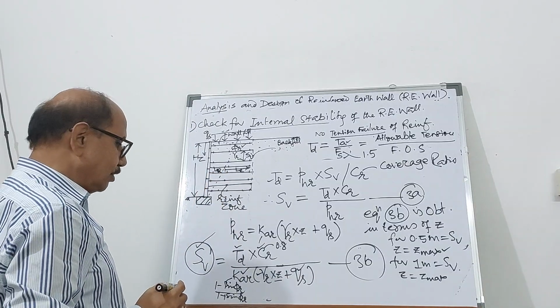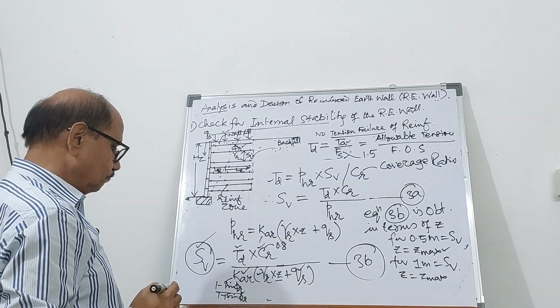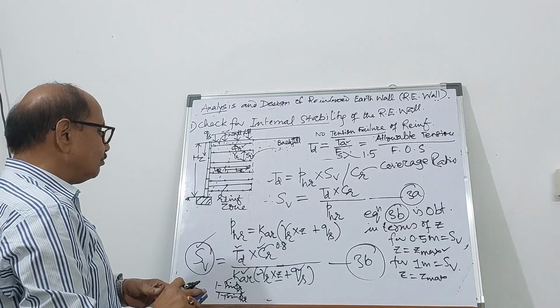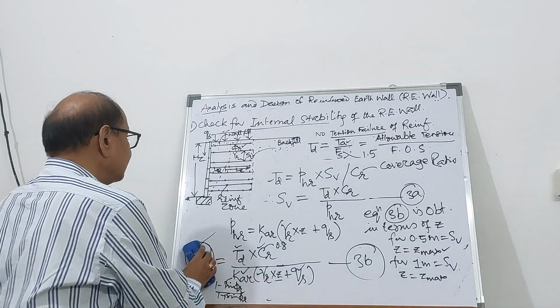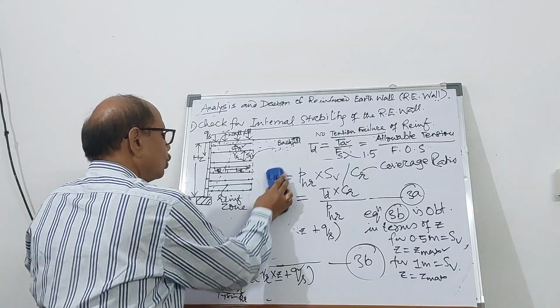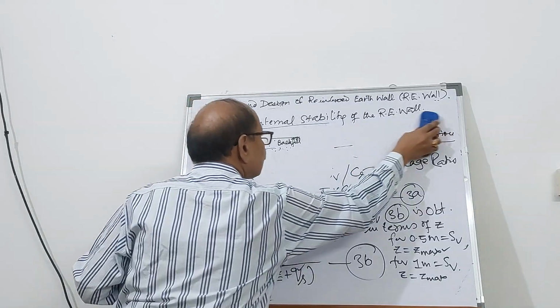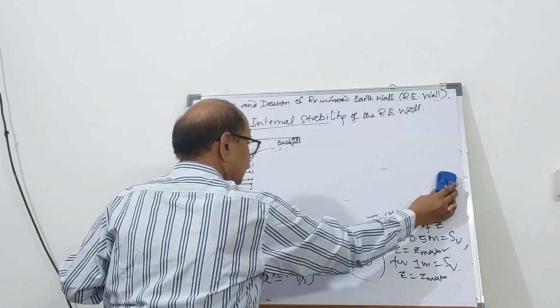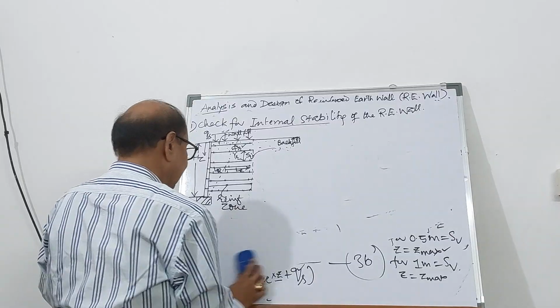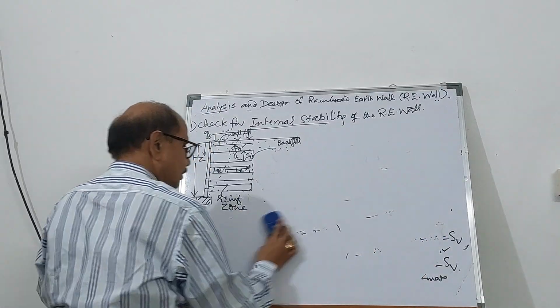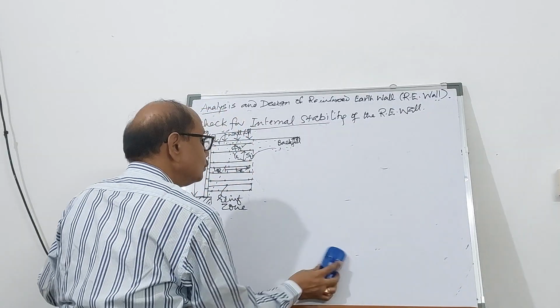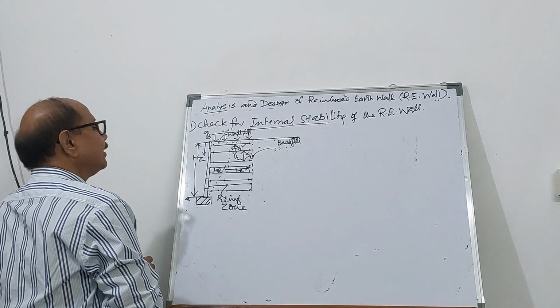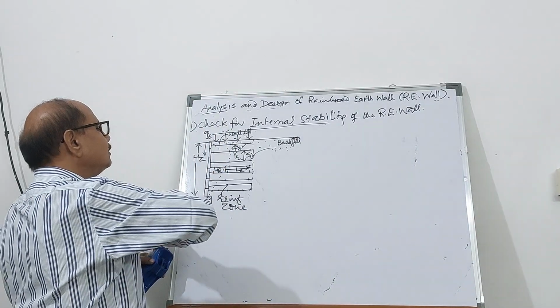So how will you find out LE? That will come from pull-out resistance. So to find out the length of the reinforcing layer, friends, I know that I have to calculate LE and LR.